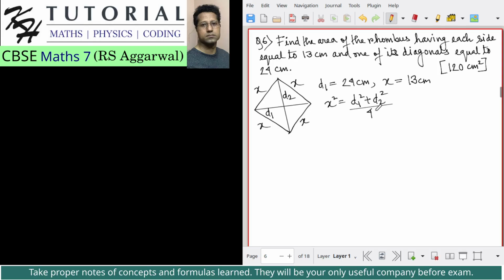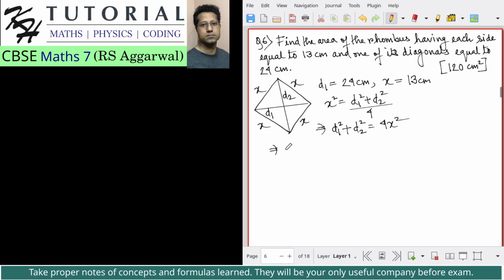For a rhombus, the square of the side length is equal to 1/4 of the sum of the squares of the diagonals. So we have d1, we have to find d2. So d1 square plus d2 square will be equal to 4x square.